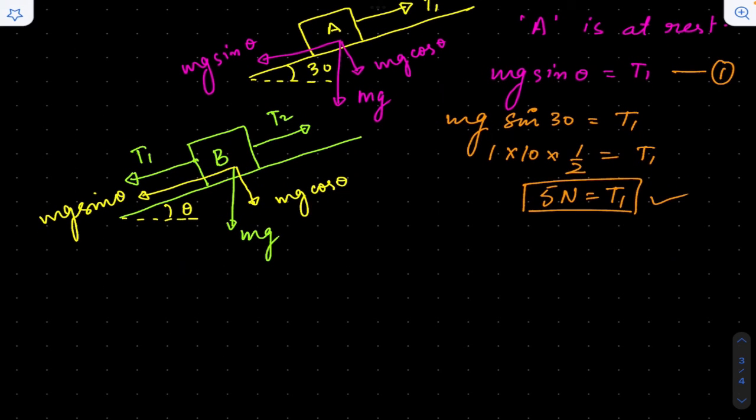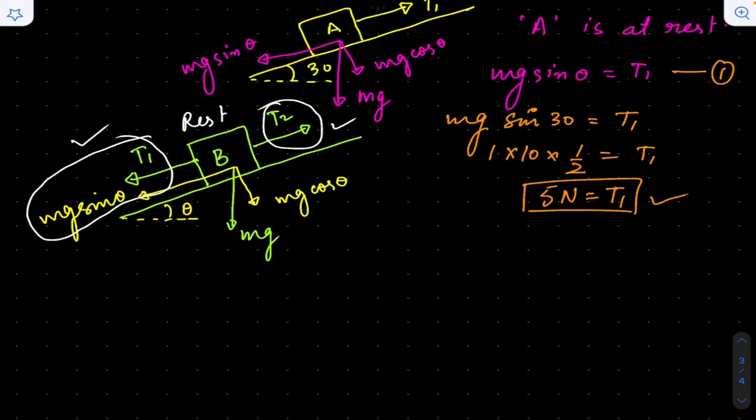So along the surface we have two forces, these two forces along the plane, and in the opposite direction we have T2. As block B is at rest, it means that T1 plus mg sin theta must be equal to T2. So we can write the equation T2 is nothing but T1 plus mg sin theta.